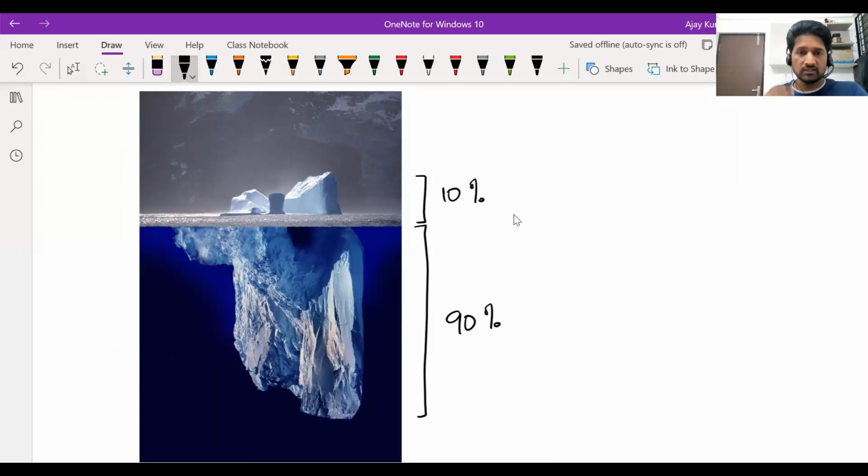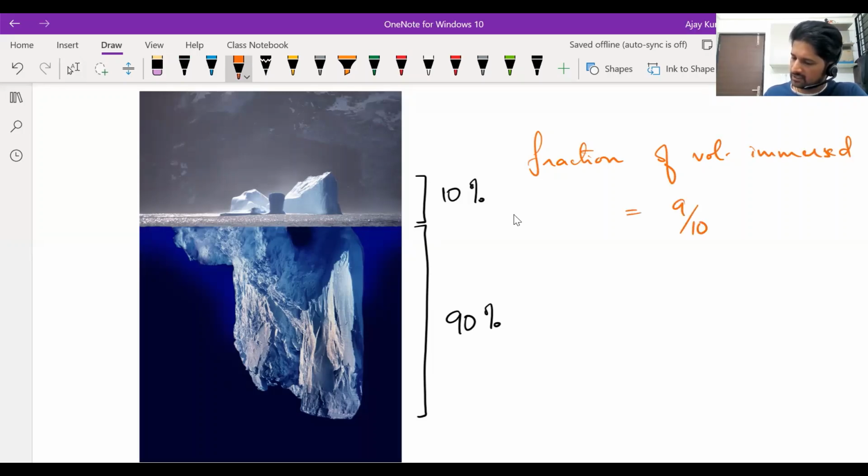Now, what this shows, or you can explain this in terms of densities. Water has a different density compared to ice. Now, 90% is inside, 10% is outside, means the fraction of volume immersed is 9 out of 10 parts.